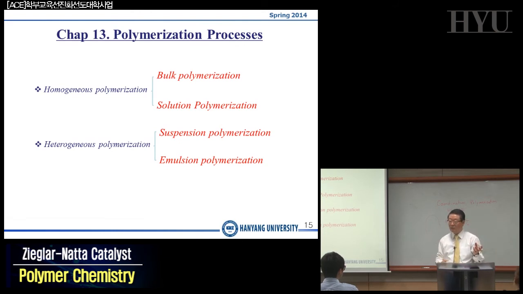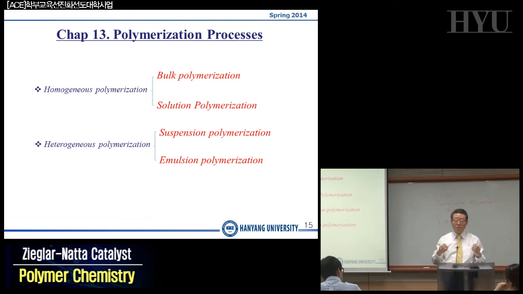The advantage is that it's easy to control the temperature because you have other liquids in your polymerization systems, so the solvent may have a heat capacity to absorb the heat, and it could be dissipated, and temperature control might be easier than the bulk system, because the temperature rise may not be highly abrupt, as in the case of bulk.